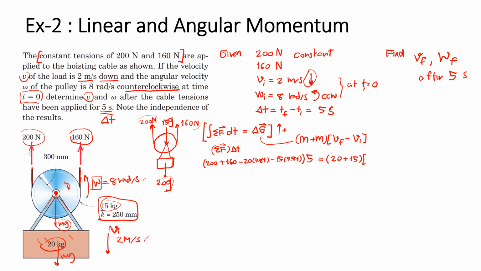In the initial condition, the velocity is downward. We still don't know whether the final velocity is going to be upward or downward, but we can assume it first. In this case, I assume the final velocity to be downward with the magnitude of Vf.